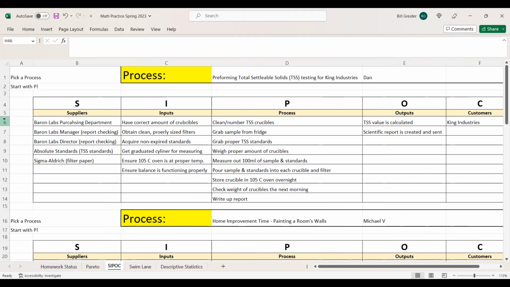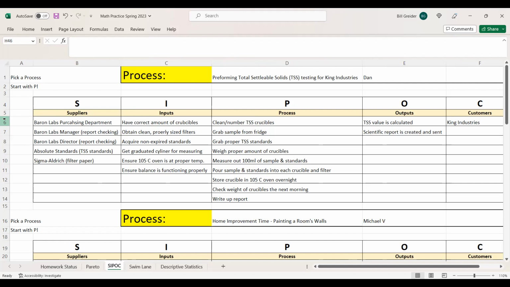In terms of the process portion, I outline step by step exactly what I do to get what we use for this sampling for the test: the crucibles cleaned, getting the standards, weighing them out, measuring out the specified volumes, and then ending with writing up the report, which gets sent to the customer.